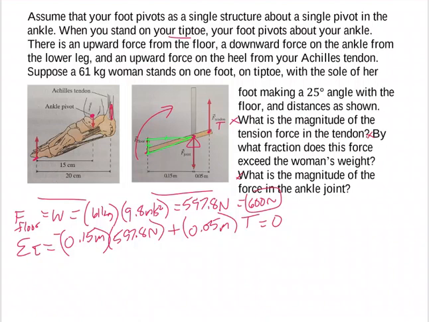Okay, the only thing I don't know here is tension, and I know everything else, so I can solve for tension. I can move this whole first term group to the other side, and that will actually turn it positive. And then I can divide by the 0.05 meters. So T equals positive 0.15 meters times 597.8 newtons over 0.05 meters.